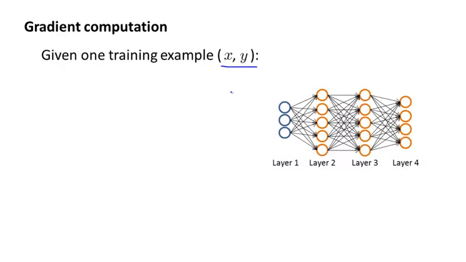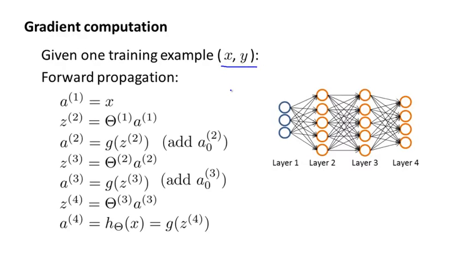The first thing we do is we apply forward propagation in order to compute what our hypothesis actually outputs given this input x. Concretely, recall that a1 is the activation values of this first layer, that is the input layer, so we're going to set that to x. And then we're going to compute z2 equals theta1 a1 and a2 equals g, the sigmoid activation function applied to z2, and this would give us our activations for the first hidden layer, that is for layer 2 of the network.